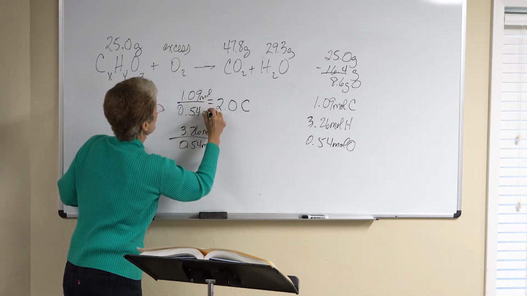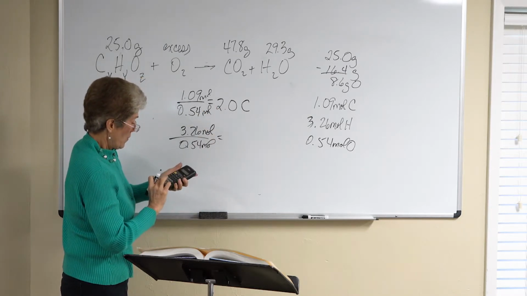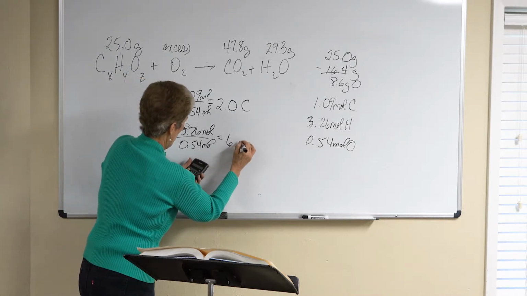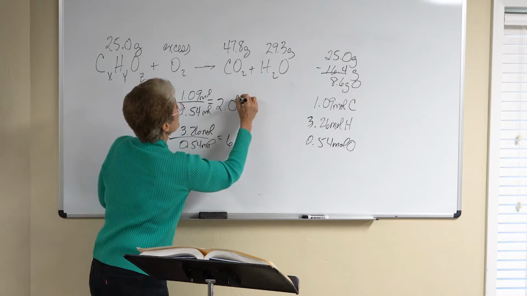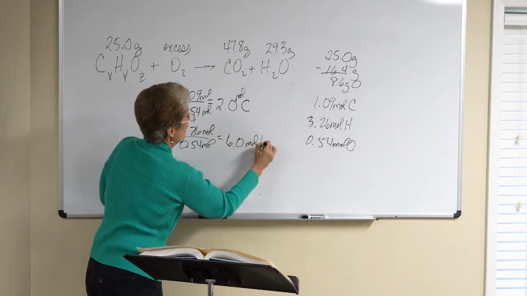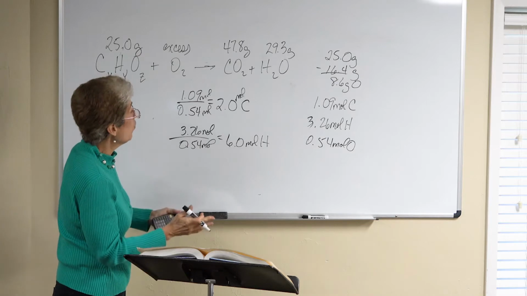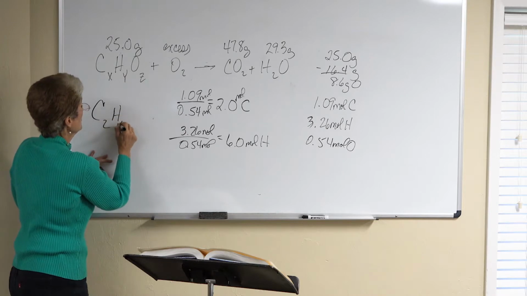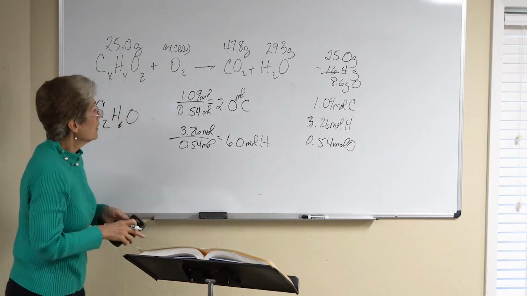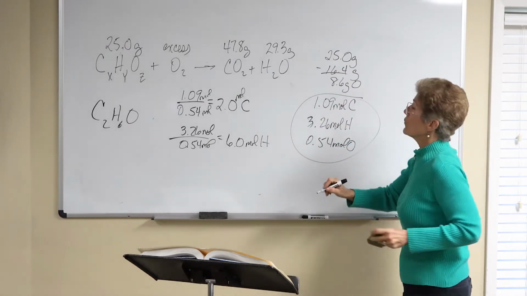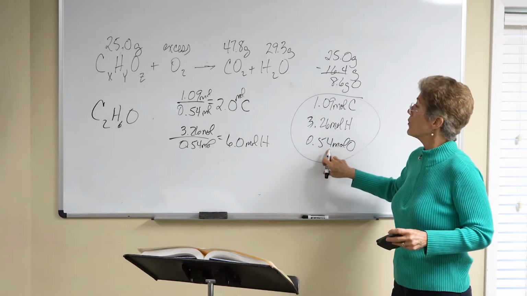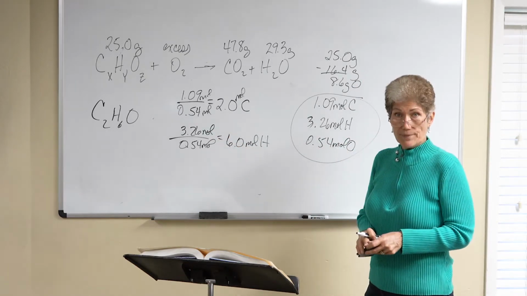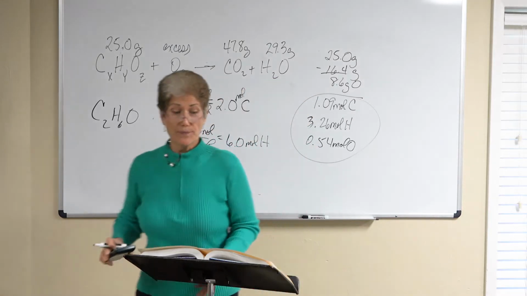This is moles and moles. This gives me 6.0, and this is moles of carbon, this is moles of hydrogen, and oxygen divided by itself is 1. So carbon gets a 2, hydrogen gets a 6, and oxygen gets a 1. How we know that is we took these moles and divided them all by the smallest number, and that gave us 2 carbons, 6 hydrogens, and 1 oxygen. So that's how you would do that one.